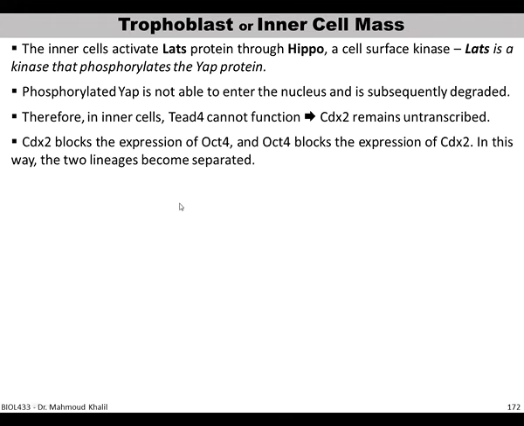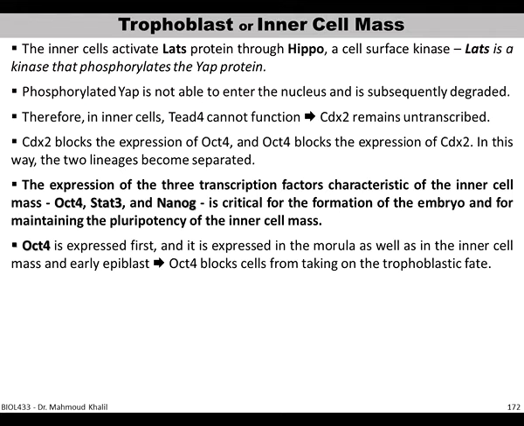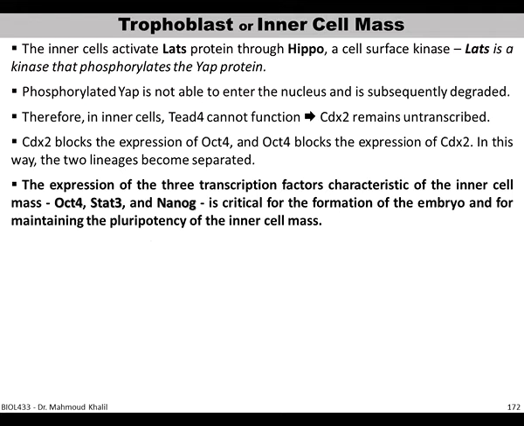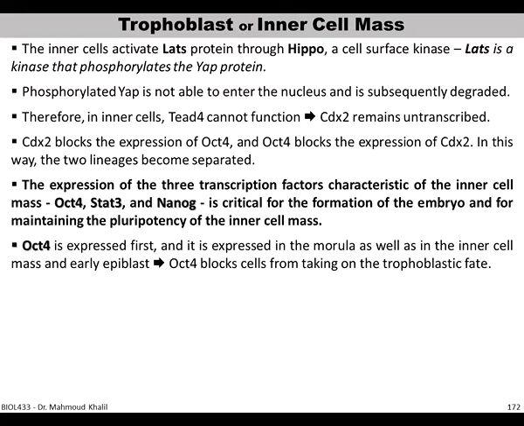The expression of the three transcription factors characteristic of the inner cell mass, which are OCT4, STAT3, and NANOG, is very critical for the formation of the embryo and for maintaining the pluripotency of the inner cell mass. In this respect, OCT4 is expressed first, and it is expressed in the morula as well as in the inner cell mass and the early epiblast.